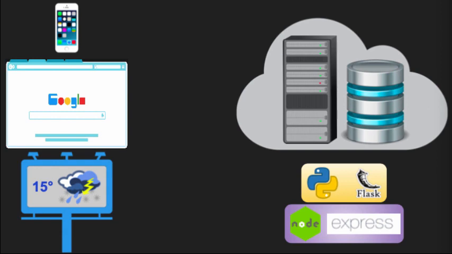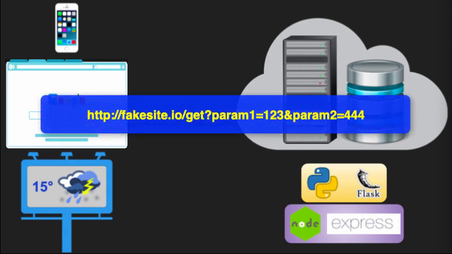An API is usually used by developers, including front-end developers and mobile native app developers. It is usually structured as a URL with parameters. The URL with parameters can be referred to as an API endpoint. This is a fake example of a fake URL or a fake API.